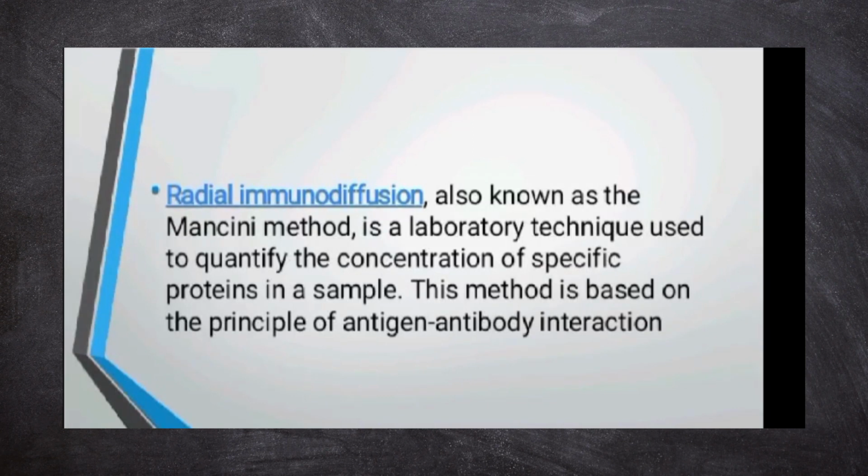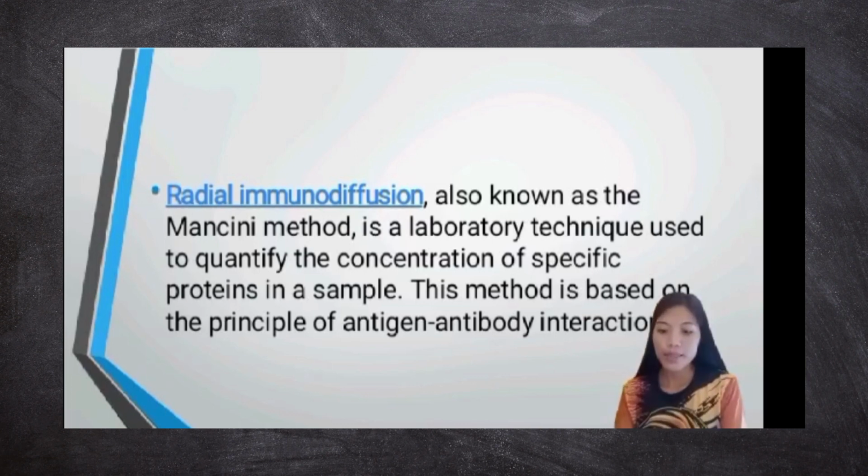So, what is radial immunodiffusion? It is also known as the Mancini method, a laboratory technique used to quantify the concentration of specific proteins in a sample. This method is based on the principle of antigen-antibody interaction.